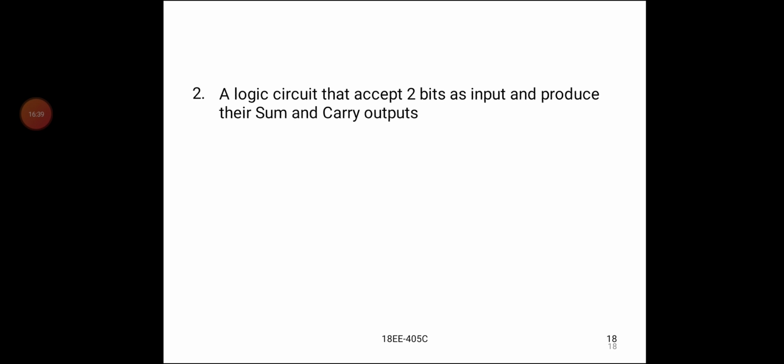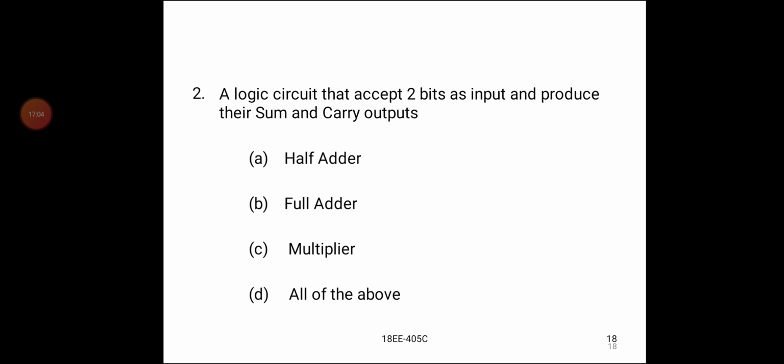Quiz question 2. A logic circuit that accepts 2 bits as input and produces their sum and carry outputs: A. Half adder, B. Full adder, C. Multiplier, D. All of the above.